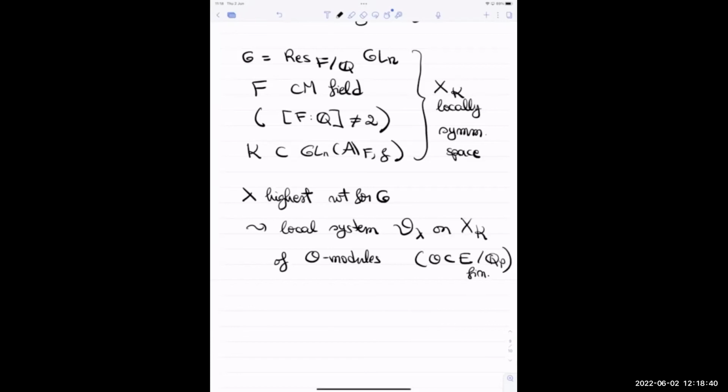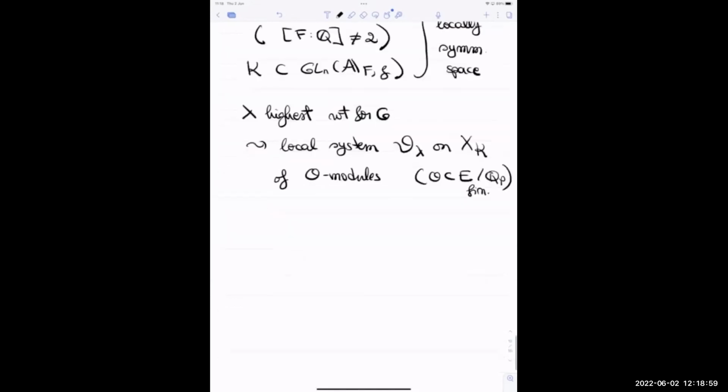And basically, you use the action of the p-part of this level K to descend some trivial local system to this locally symmetric space X_K to get something interesting.